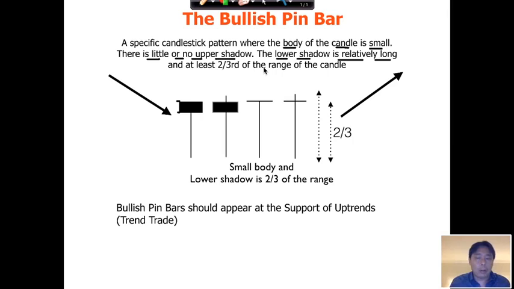What do you mean by long? Long means the length of the lower shadow should be at least 2/3 of the range of the candle. Remember the range? The range is the top to the bottom. Imagine that's one whole, or 3 out of 3. The lower shadow from here to here has to make up at least 2/3 of the range for it to be a valid bullish pin bar.